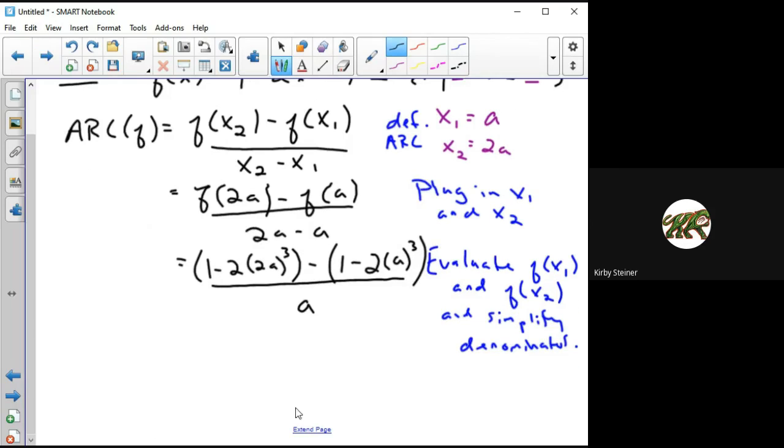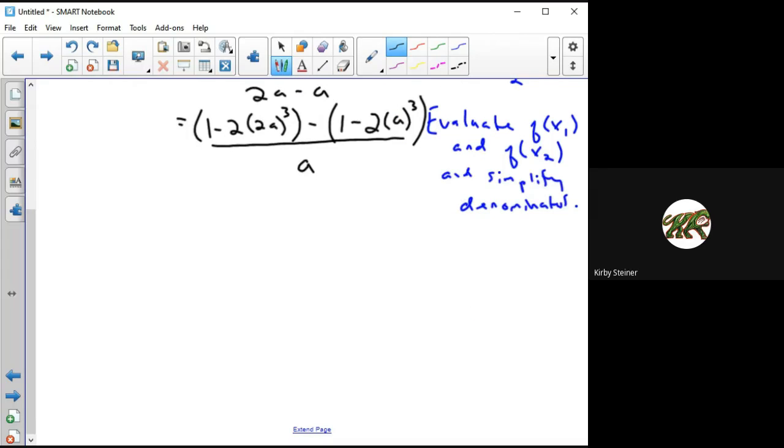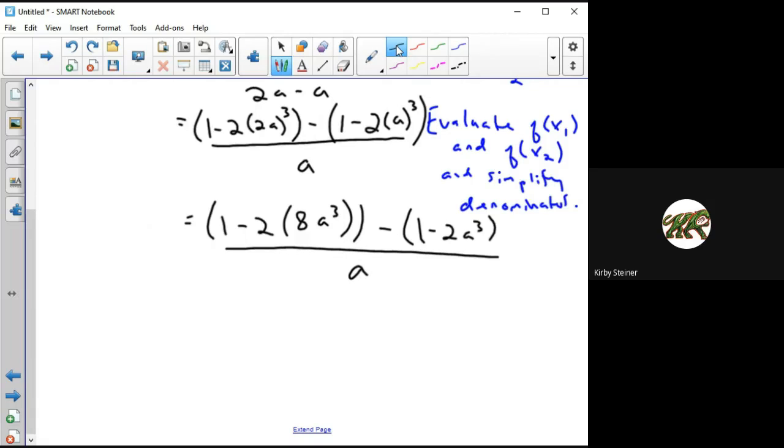So let's give ourselves a little more room. Let's look at this 1 minus 2 times 2a to the third. 2 to the third is going to be 8, and a to the third is a cubed. Then we have minus 2a to the third, all over a.